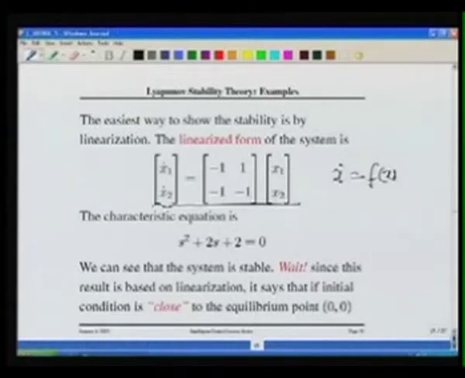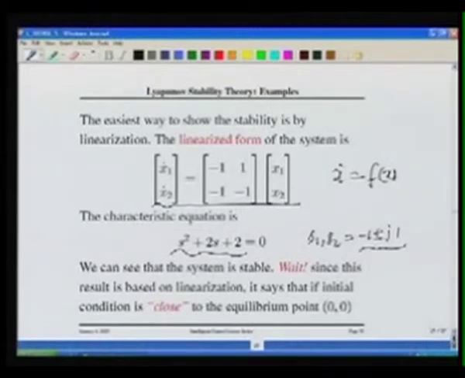In this you can see the characteristic polynomial concerning this A matrix is s square plus 2 s plus 2 equal to 0, and this system has all eigenvalues negative, because s 1 and s 2 are minus 1 plus or minus j 1. So, obviously, the system is stable. So, the indirect method also gives us the solution that the system is stable around the equilibrium point.